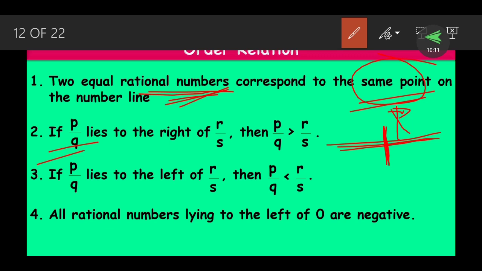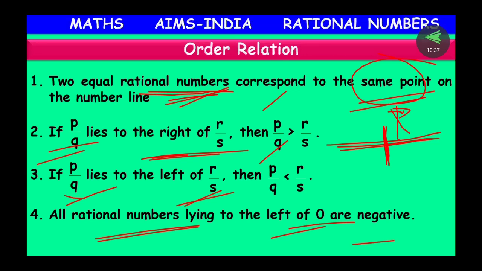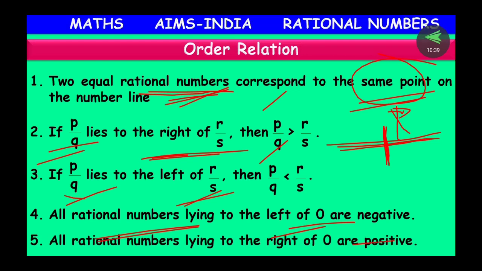If P by Q lies to the right of R by S, because it is on the right side of R by S, P by Q value will be greater. If P by Q lies to the left of R by S, P by Q value will be lesser. All rational numbers lying to the left of 0 are negative, to the right of 0 are positive.